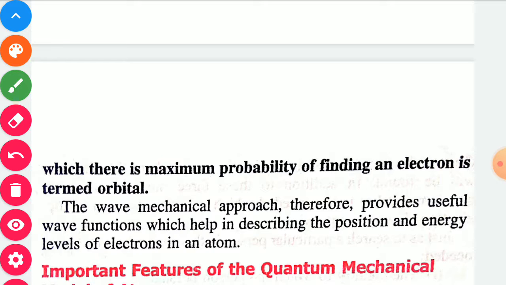It means that in three-dimensional space, the point at which the probability of finding the electron is found to be maximum is known as atomic orbital. The wave mechanical approach therefore provides useful wave functions which help describe the position and energy level of an electron in an atom.